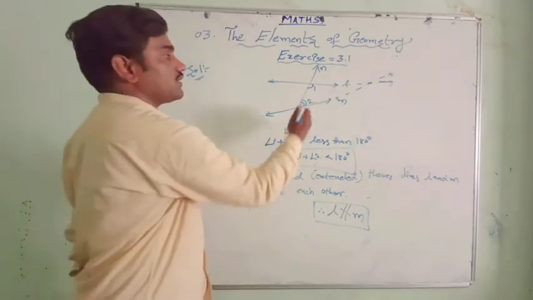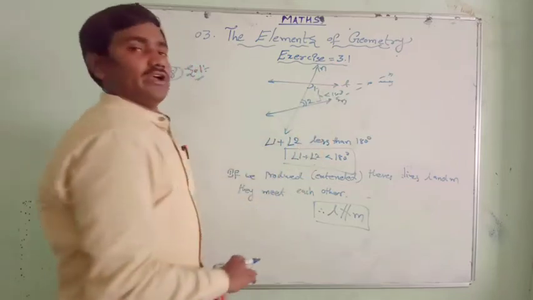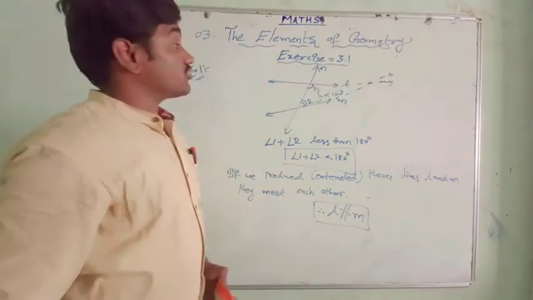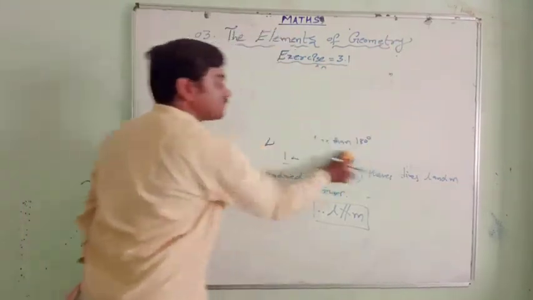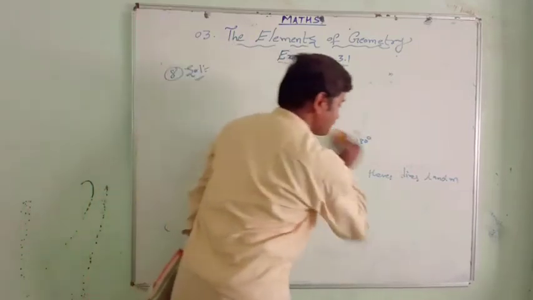Because the sum of these two angles is less than 180 degrees, if you extend these lines, definitely they intersect each other. According to Euclid's postulate number 5, this explains the same thing.